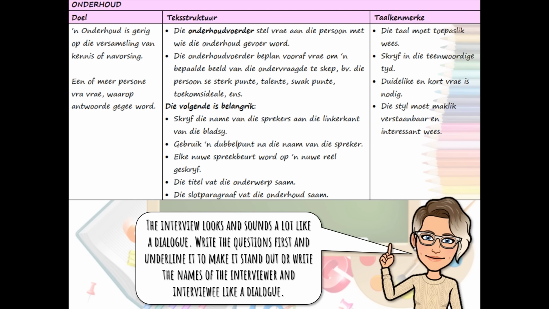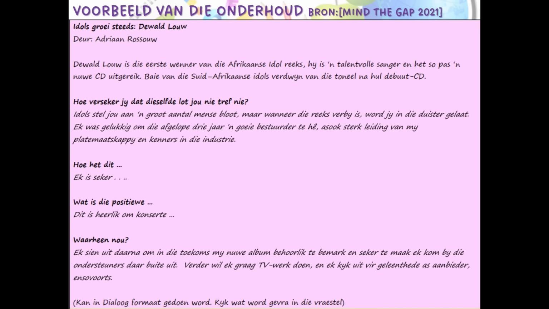Your interview will look very similar to your dialogue, okay? So this one is also a friend. If you have to do an interview with somebody, remember you'll just have to think about what type of questions you would ask the person that you are interviewing. So here's an example of a different way of writing it so that it doesn't look like a dialogue, but I prefer it dialogue fashion.